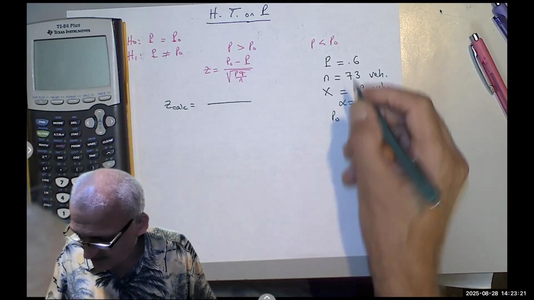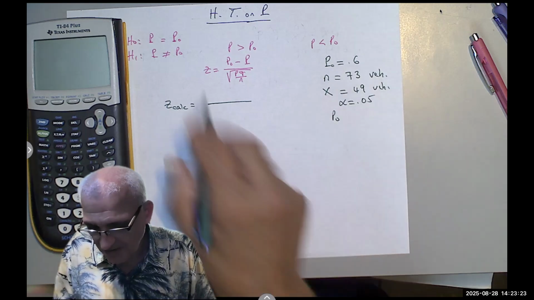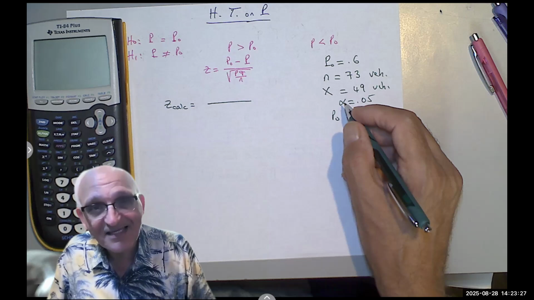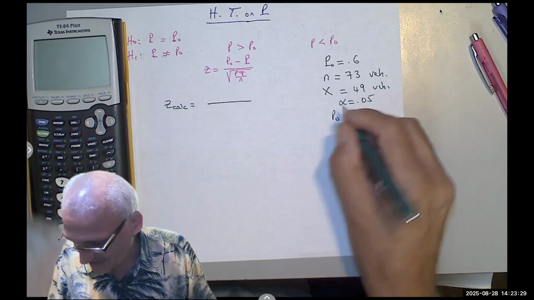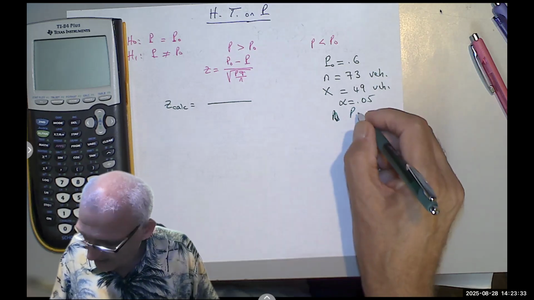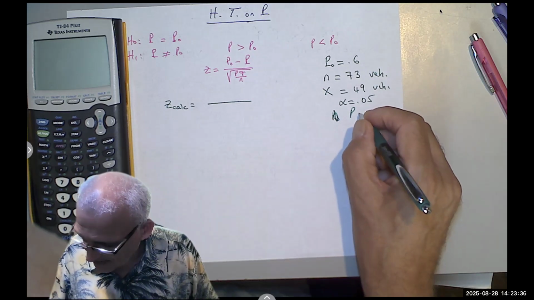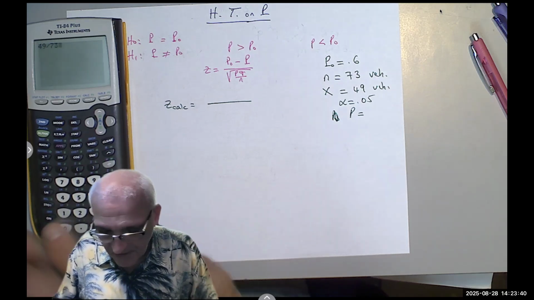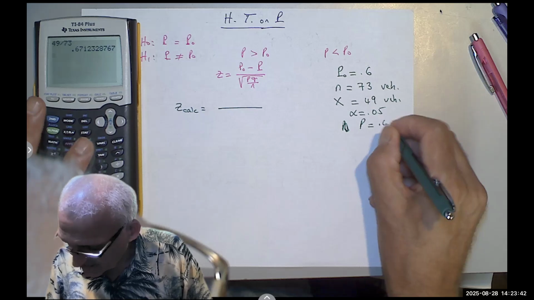So let's call that P0, right? According to what we did here. That should be pi, really. So let's say P is 49 divided by 73. It's 0.671.